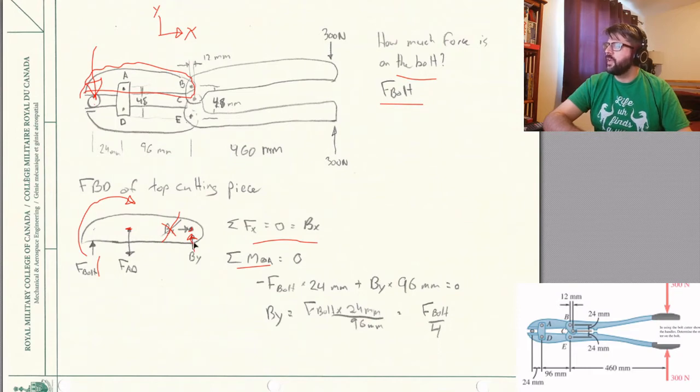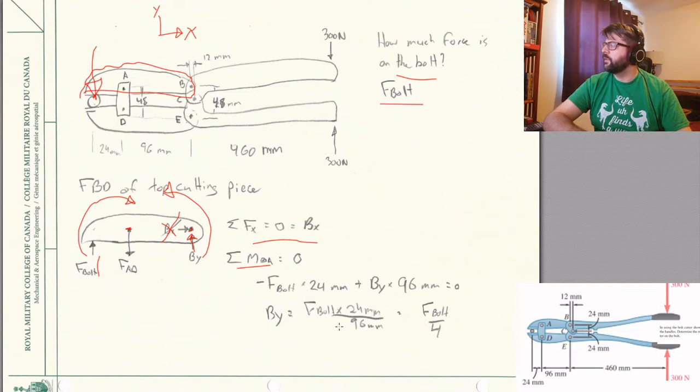And then we've got the reaction force at B. We default to our assumption that it's pointed upwards. So that times the 96 millimeters. Again, if it is pointed upwards, that would be a positive moment.